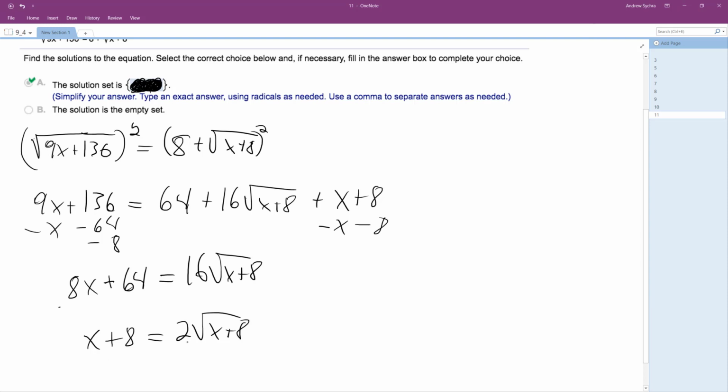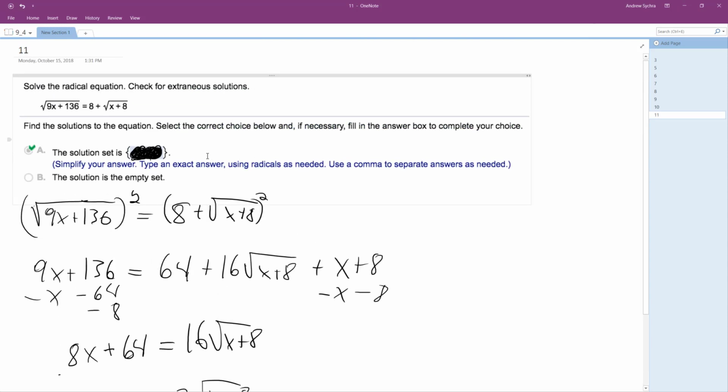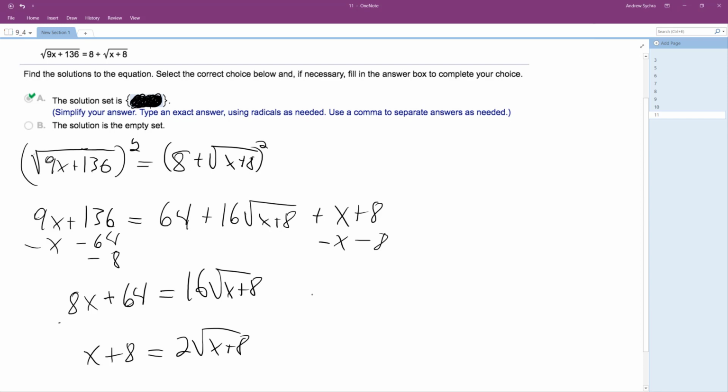So now if we square both sides of this equation, what we end up with is x squared plus 16x plus 64 is equal to 4. And then this ends up being quantity x plus 8 because the whole thing was squared.